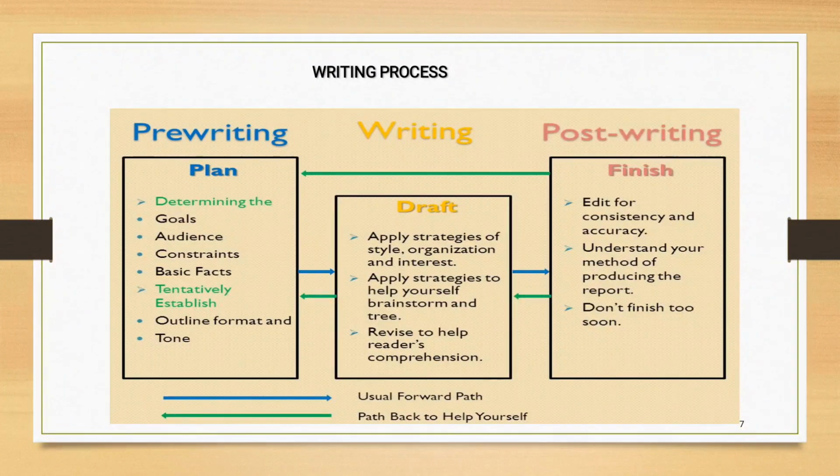Proofreading is also done here, and the reviewing is a part of the post-writing process. Here the reviewing of the document is made to make it fit for publication. Okay, let's move on to the next slide and go to the next step.